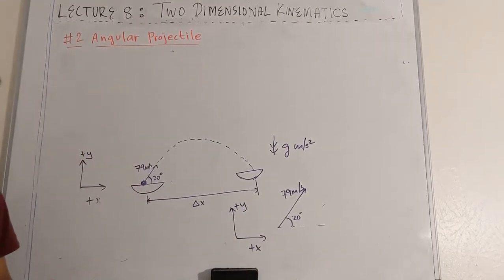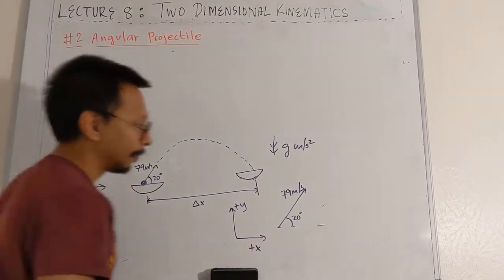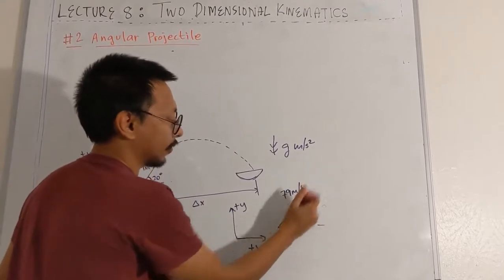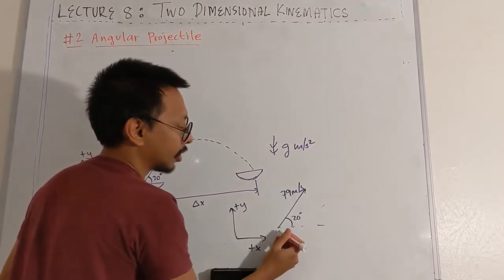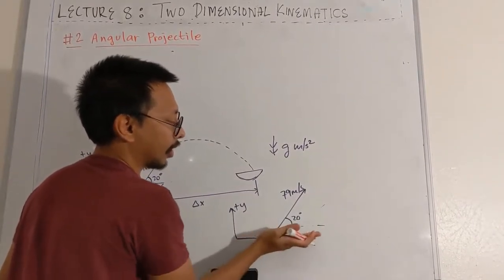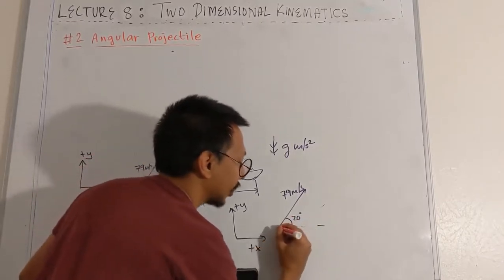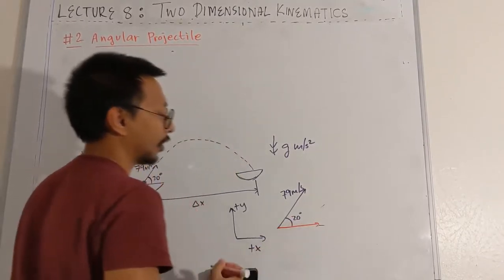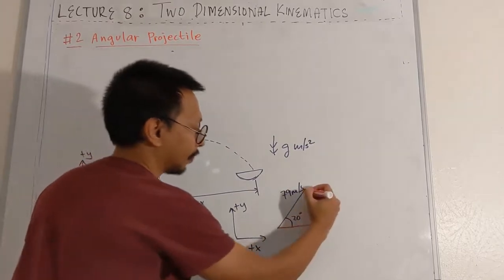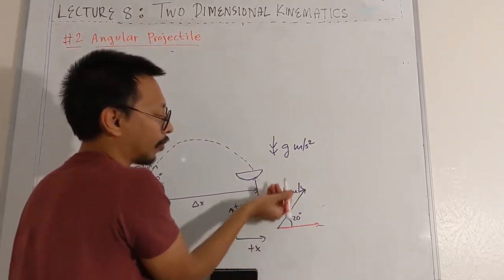By looking at my coordinate axis, I can see that this velocity vector is moving in the x direction in a positive manner, so the x component would be going this direction, and it's also moving upwards.